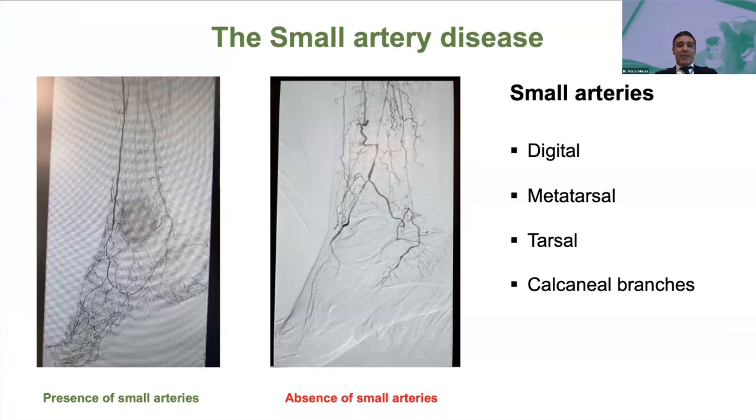Otherwise, in the right picture, you can see the absence of small arteries, including digital arteries, metatarsal arteries, tarsal arteries, and the calcaneal branch, that sometimes, even in case of technically successful revascularization below the ankle, don't allow a good network for an adequate blood perfusion in the wound angiosome.